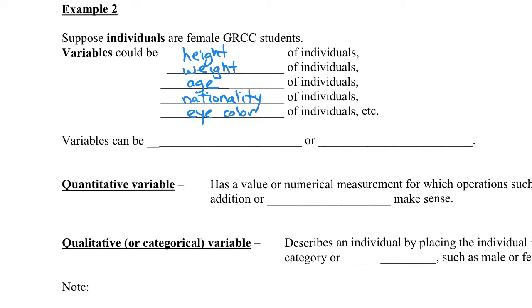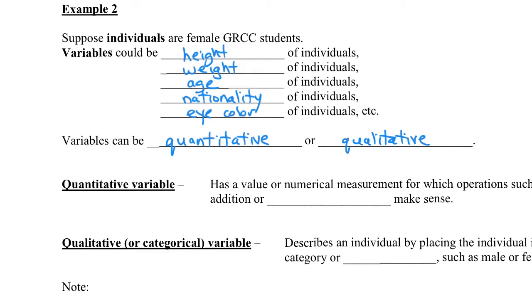Okay, and variables can be quantitative or qualitative. And we have to know because they require different sorts of mathematics, so we need to know which one we're using.